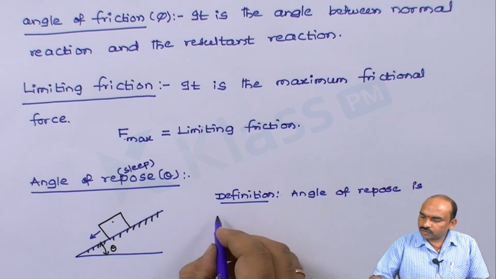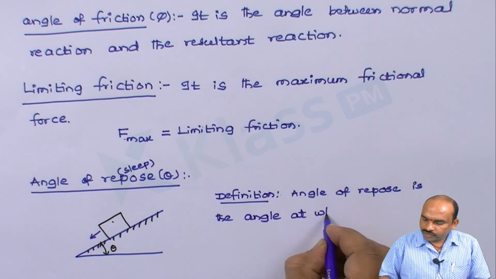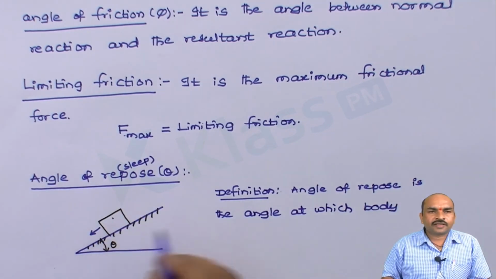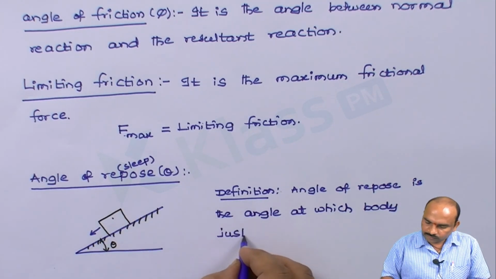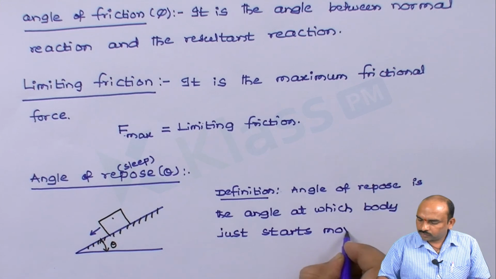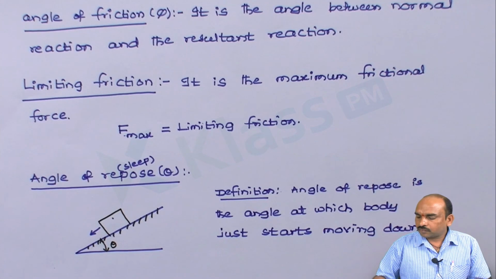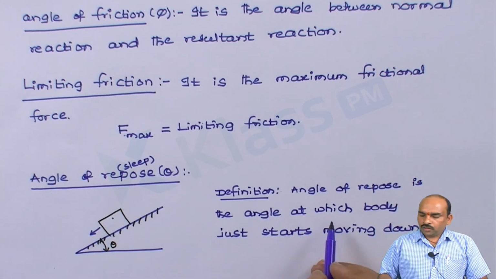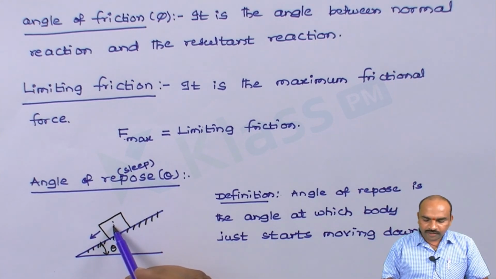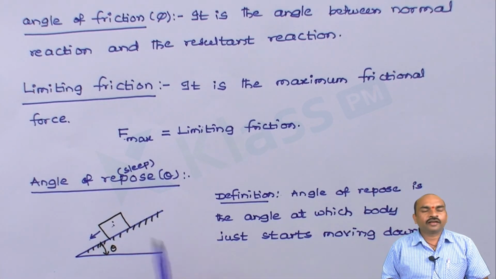Angle of repose is the angle at which the body just starts moving downward. The definition is very simple. Increase the angle of the inclined plane. At some angle, this body will try to move downward. That angle we are calling the angle of repose.